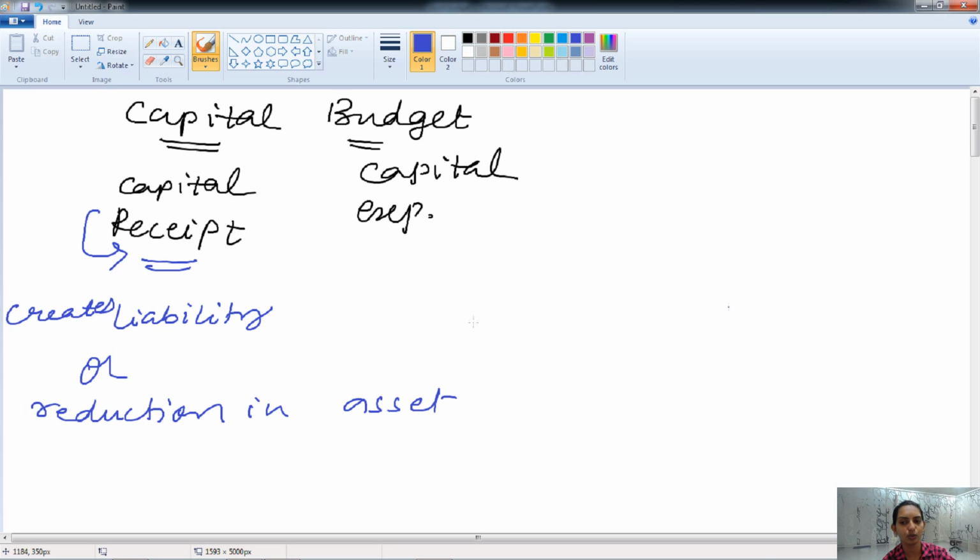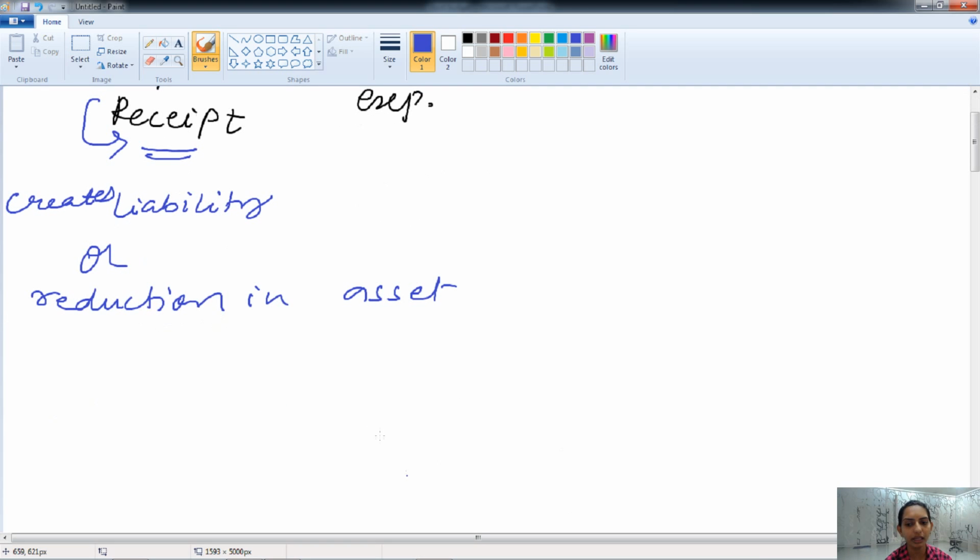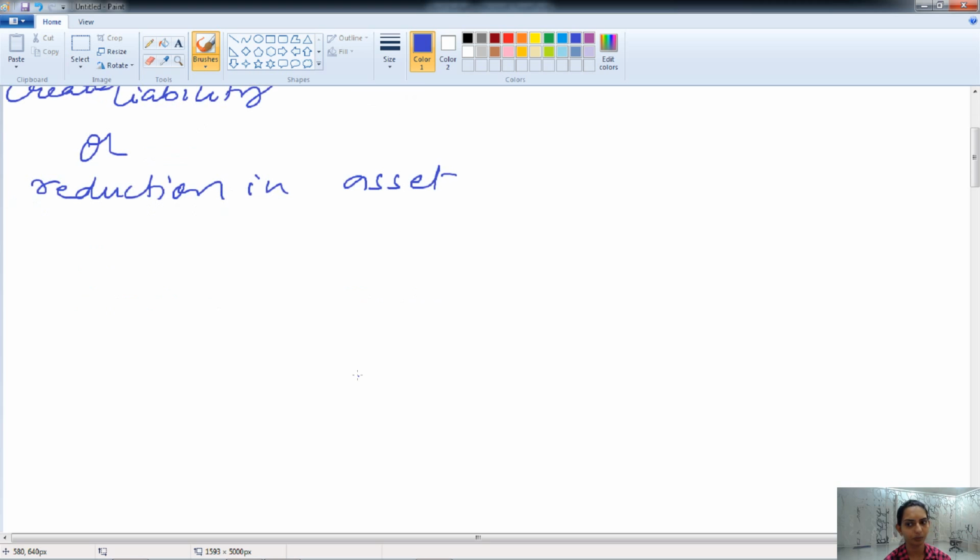When any receipt in the budget creates a liability or reduction in asset, it is known as the capital receipt. The capital receipts are the borrowings of the government in various ways, like borrowing through bonds or securities, etc. So that is all known as the capital receipt.